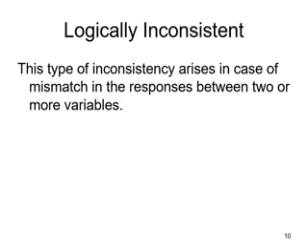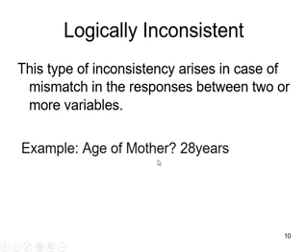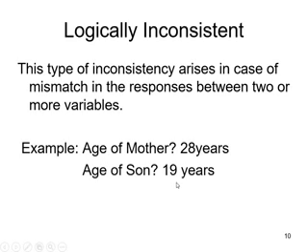Let us take up this particular example. Age of the mother is 28 years and age of the son is 19 years. Now, this is because age of the son is related to the variable age of the mother. Now, if the mother is the biological mother, then this is not a possible option.